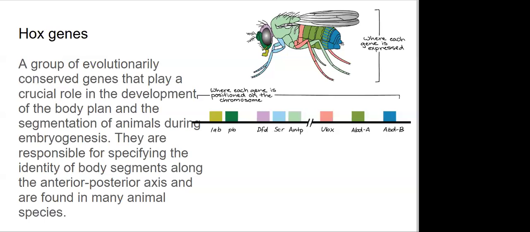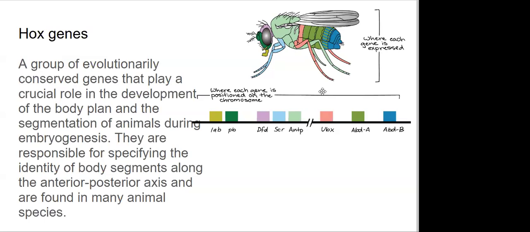Now, Hox genes are something that really do something. And there's a video on the evolution of Hox genes. Basically, the Hox genes are evolutionarily conserved, and they tell what proteins to get expressed where, so you have specific body specification.